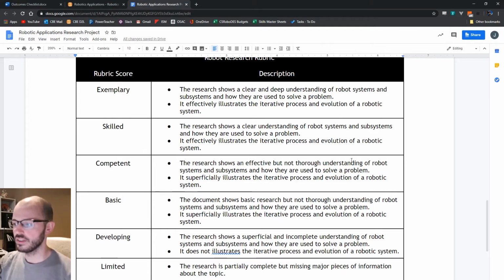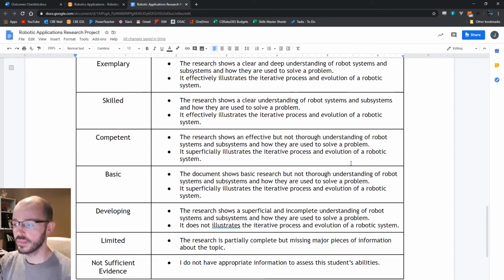Competent: effective, but not necessarily thorough, and maybe just superficially illustrates the iterative process of robot design. Basic is just your bare minimum, like basic research, not thorough understanding, not a ton of information about the evolution or iterative design process.